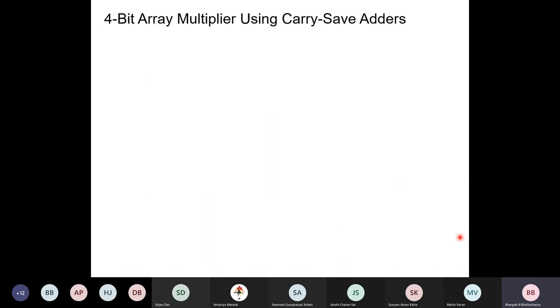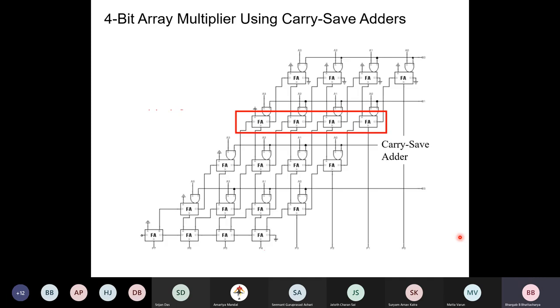In this diagram, this is an example of a 4-bit array multiplier using the carry save adder principle. If you look at it carefully, it is the same architecture, the same circuit. These are the arrays of AND gates producing the partial products, and these AND gates are fed with the bits from the multiplier and the multiplicand. If you look at these full adder blocks, you see the horizontal flow of signal is broken now. So they are not operating as a ripple carry adder.